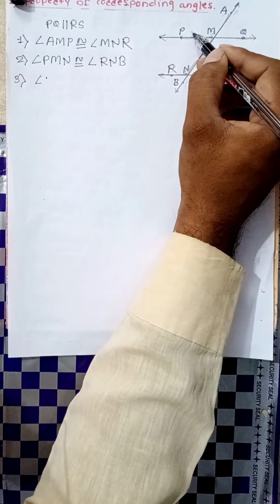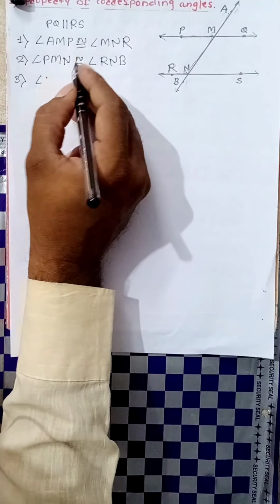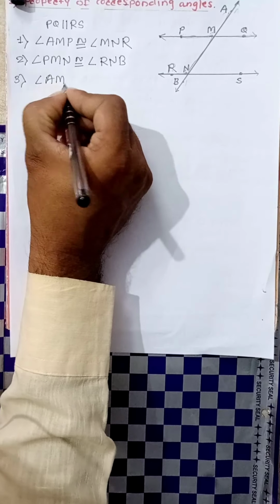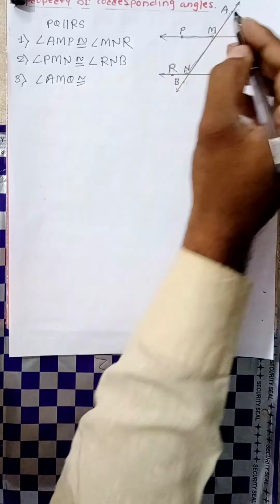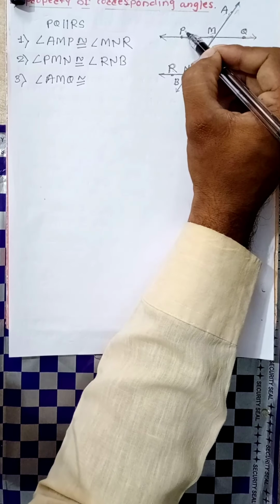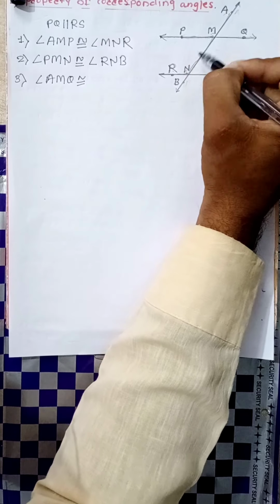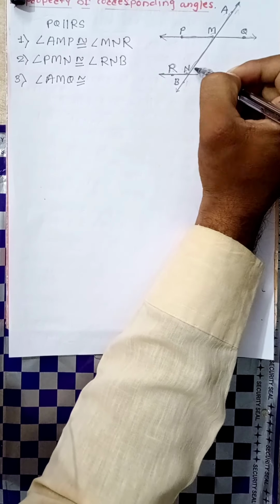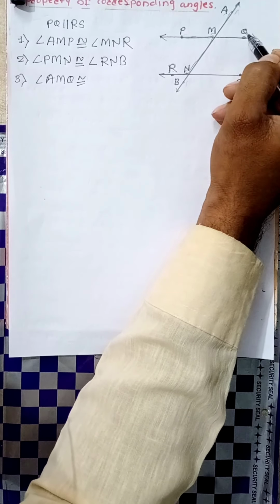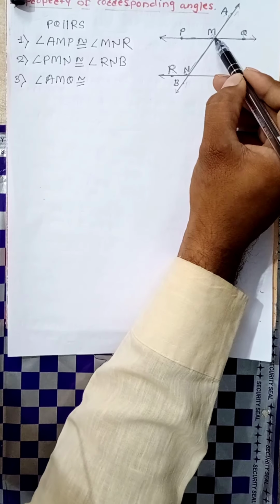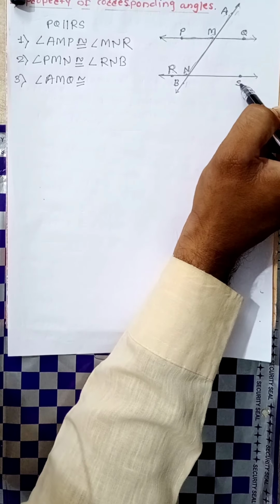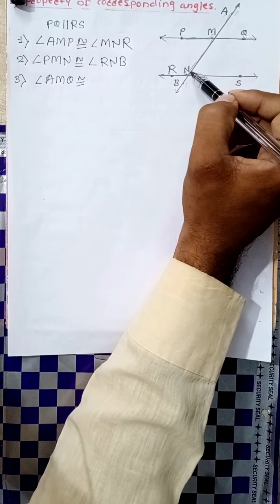So AMQ is congruent to angle MNS, on the second side of transversal.